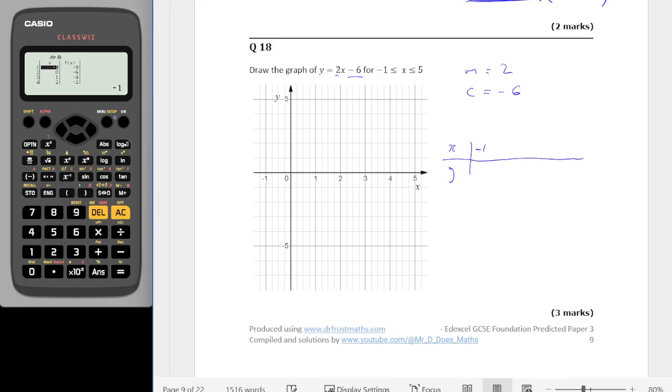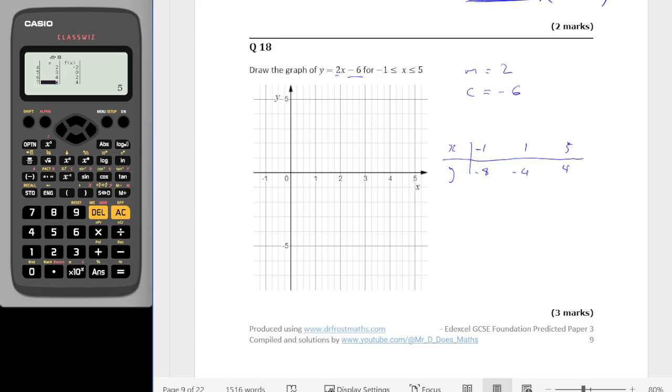So when x is minus 1, we would have minus 8, and then so on, all the way up to, well, I'll do a couple more. Let's go 1 and minus 4, and then the last one, 5 and 4. And I'm actually going to use properties though.